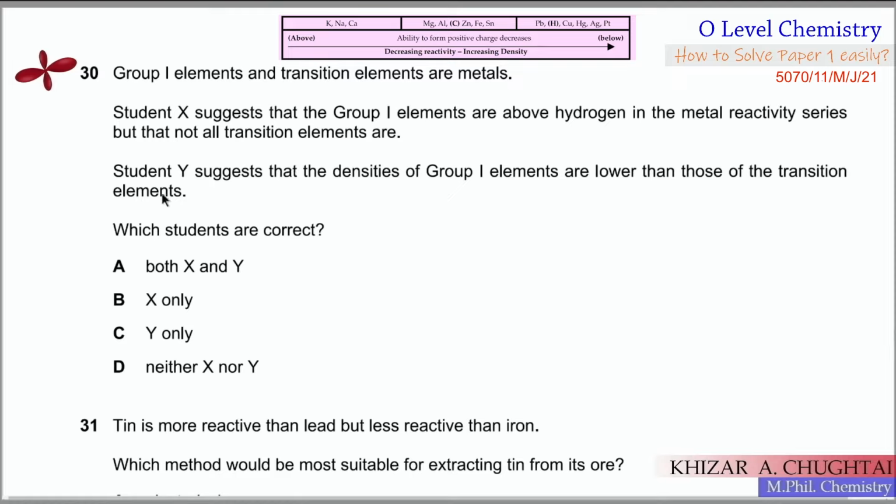Yes, it is true. Student Y suggests that densities of the group 1 elements are lower than those of the transition elements. Yes, it is also true. These group 1 elements are low density elements. Which students are correct? Both students are correct.